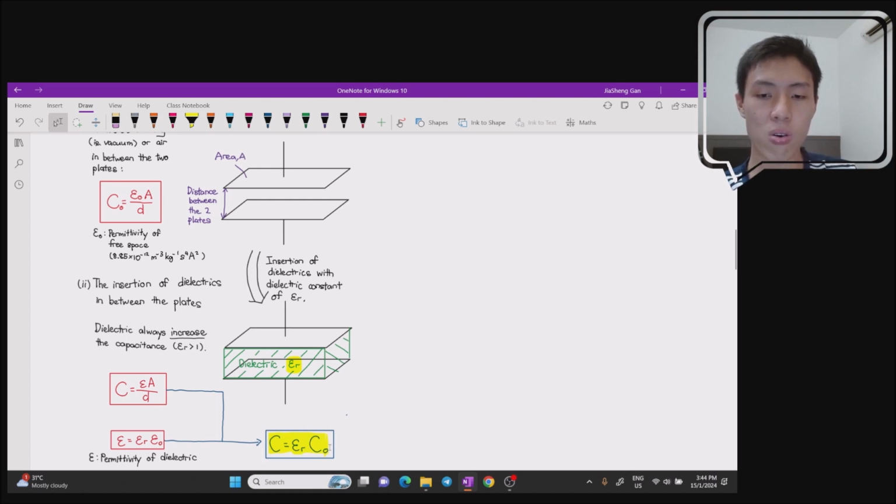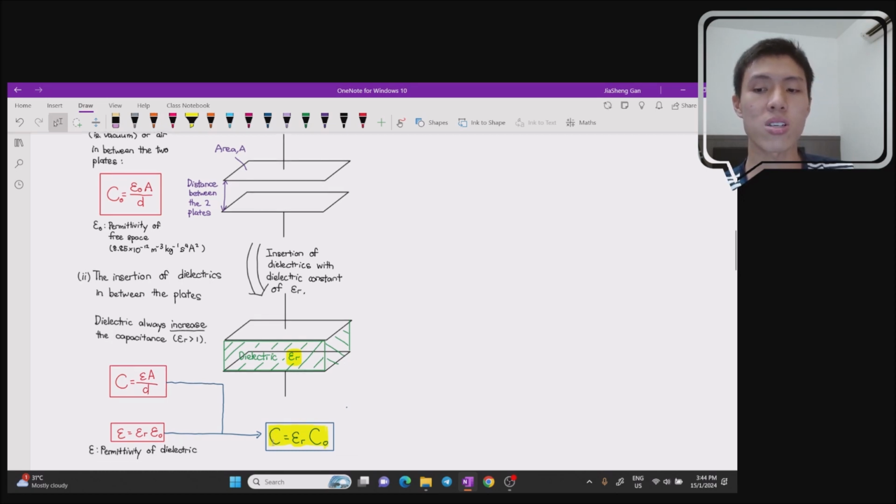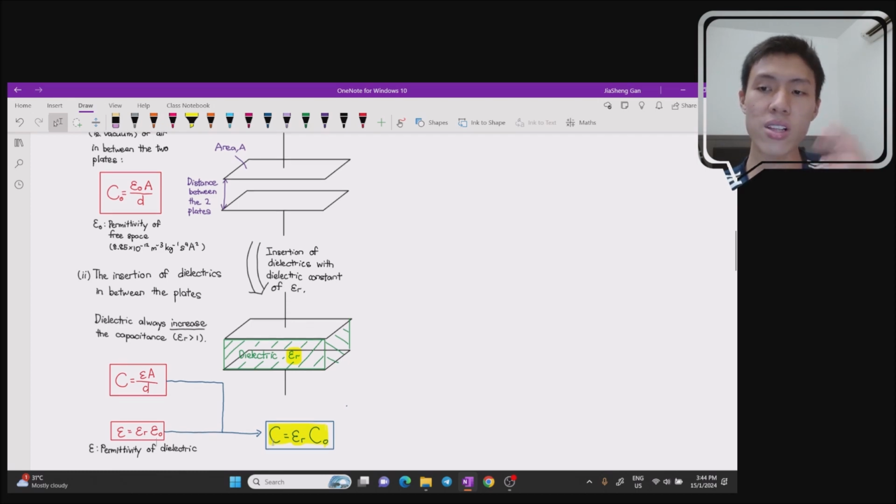So you can take the original capacitance without the dielectric, multiply by the dielectric constant, and then you get the capacitance after insertion of the dielectric. So that's the purpose of the dielectric here, to improve the permittivity and as a result improve the capacitance of the capacitor. So we learned about the two factors.